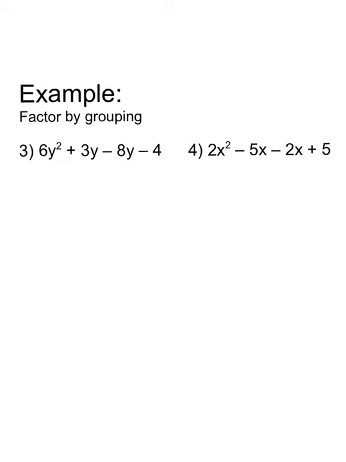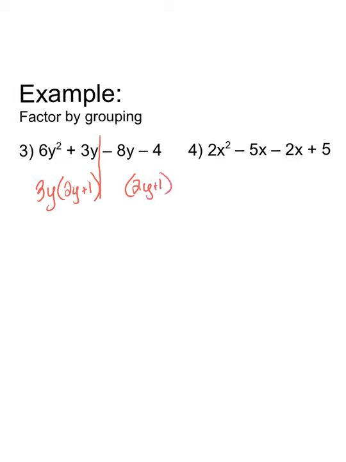Next one. Again, I see 4 terms. The first thing I do is cut it in half. On the left side, my GCF, or the term I can take out of both, is a 3y. If I take out that 3y, I'm left with 2y and a plus 1. I have to have a 2y and a plus 1 on this side as well.